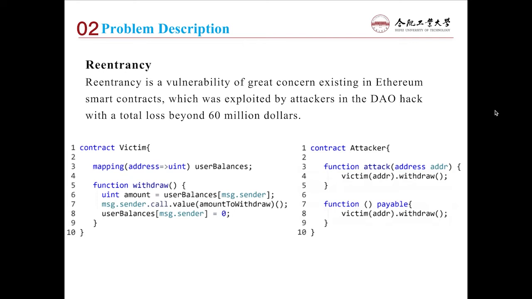Victim will then transfer a certain amount of Ether to attacker. Once the Ether is received, the fallback function in attacker will be executed. As we can see, the balance of attacker's account has not yet been set to 0 by victim at the time. The attacker can thus repeatedly invoke the withdrawal until the Ether held by victim drops to 0.